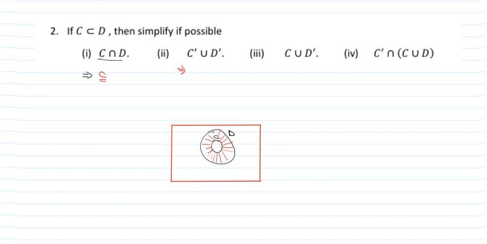So D complement is also this outside part there. So how do we report this now? Is there anywhere where they intersect? Yes, they intersect in this, because you see also they are bound outside there.